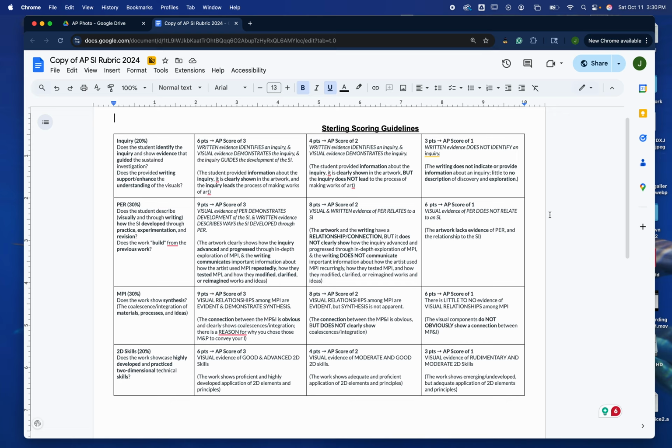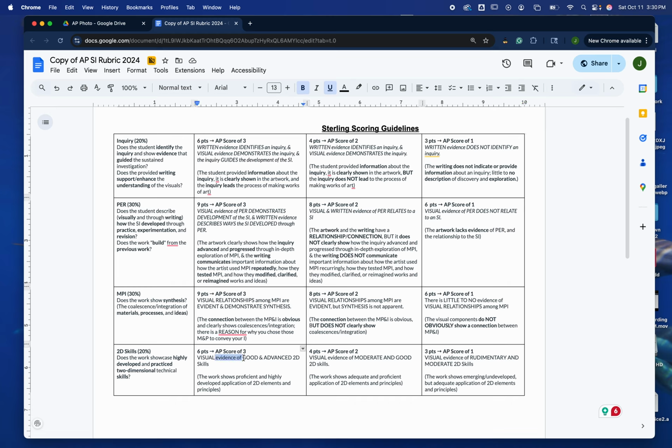And finally, this one's straightforward. 2D design skill. Did you show a principle of design? If we look at category, a score of 3, and I know that's a little confusing. Each of these is technically scored out of 3, each of the categories. And then it says how many points you get for each. I know. Again, I don't really want you to worry about all the scoring so much because it is more complicated than we have been doing. Just understand these are the categories and how they're emphasized. But I did want to just point out the wording.